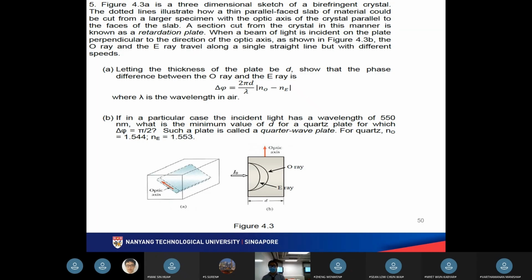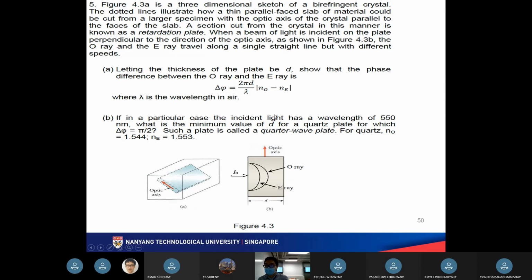The first question asks us to show that, when you pass unpolarized light through the slab, the phase difference introduced between ordinary and extraordinary light is given by this equation.